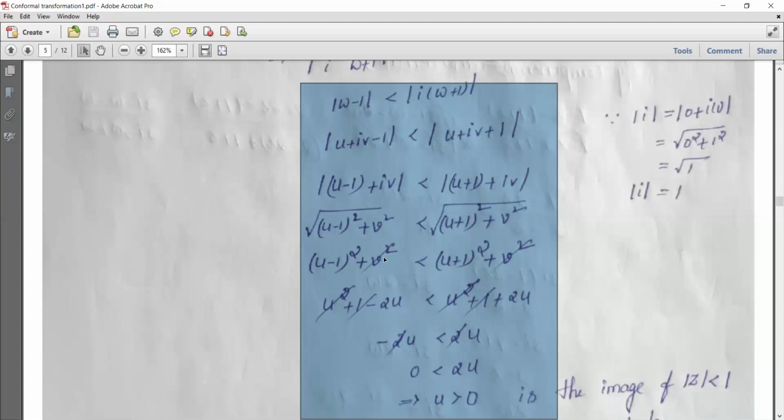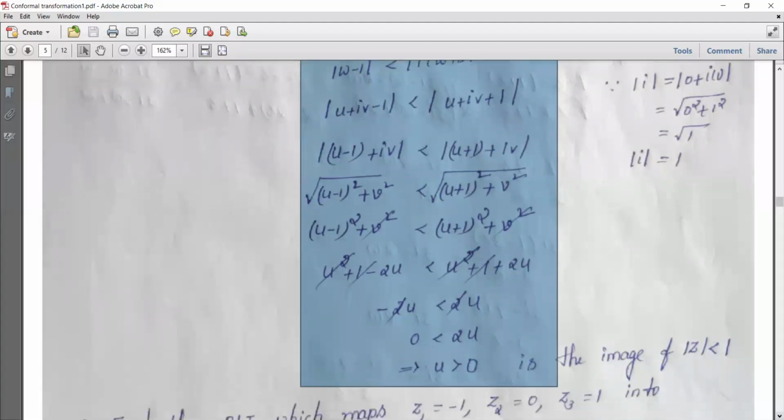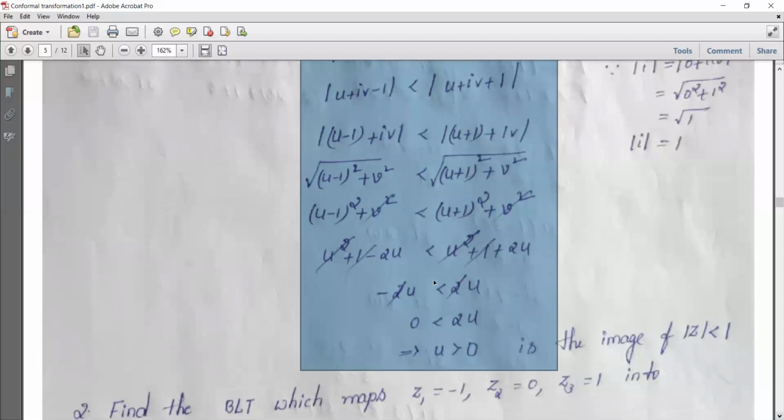Squaring on both sides, it will be (u minus 1) whole square plus v square less than (u plus 1) whole square plus v square. Cancelling v square on both sides and expanding, (u minus 1) whole square will be u square plus 1 minus 2u, less than u square plus 1 plus 2u. On both sides, u square and 1 get cancelled. The rest are minus 2u less than 2u. 2 gets cancelled.